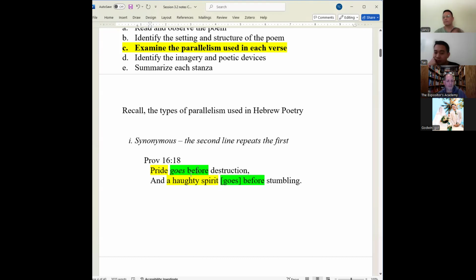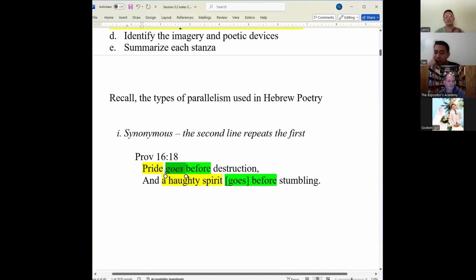If you see here in the first line, that word goes is in italics. If you remember, in some translations, like the New American Standard, the translation will italicize words that aren't in the original.